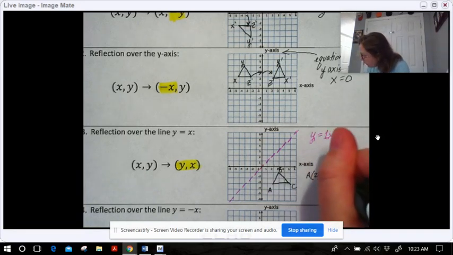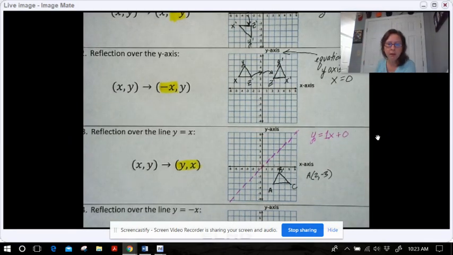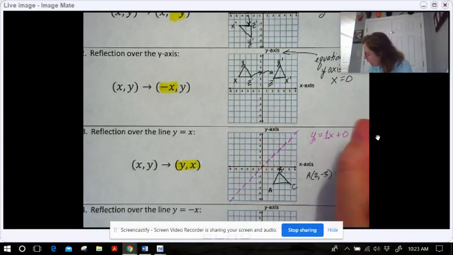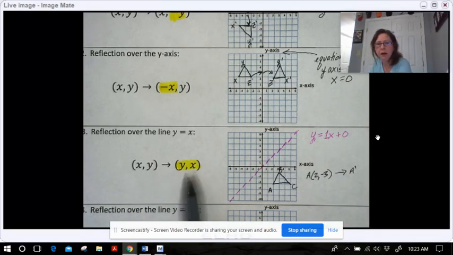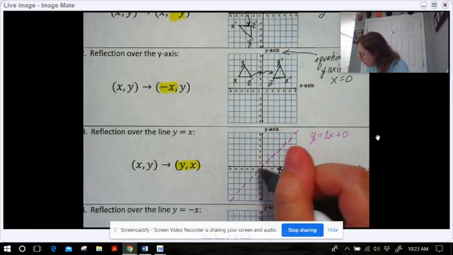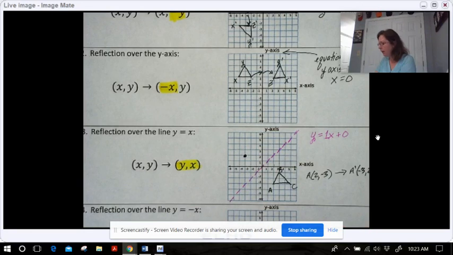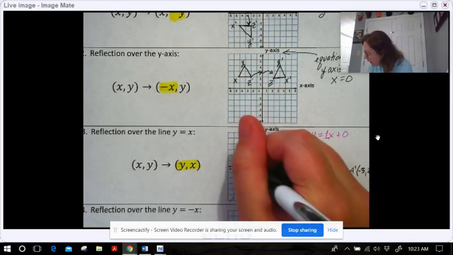So 2, negative 3. So if I wanted to plot A prime, I would need to switch the x and y values around. So I'm just going to go to negative 3, comma 2, and I'm going to plot that. So negative 3 up 2, and that is going to be my A prime.